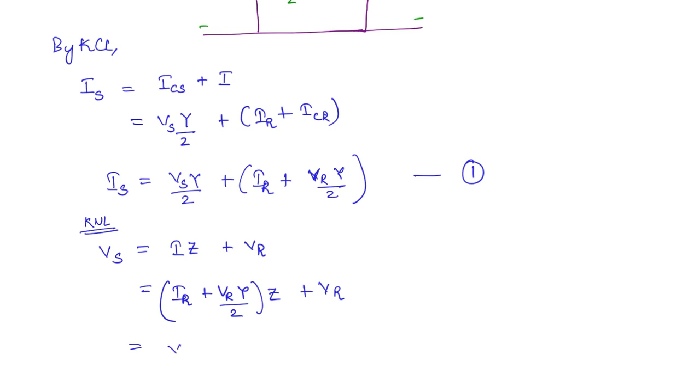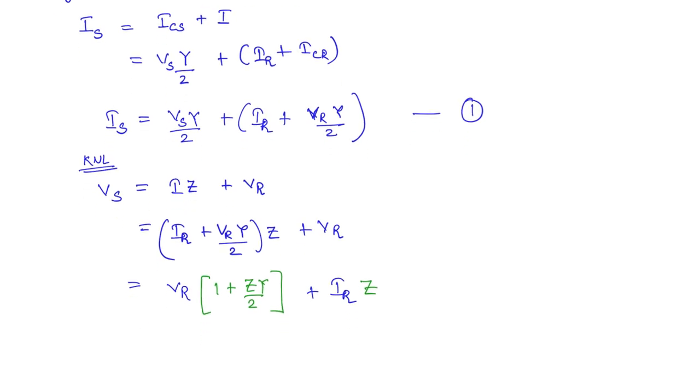You can write this as VR, taking out common, 1 plus Yz by 2, plus IR into Z. Then what is the A term? This is A, 1 plus Zy by 2. And what is B? B is simply Z.